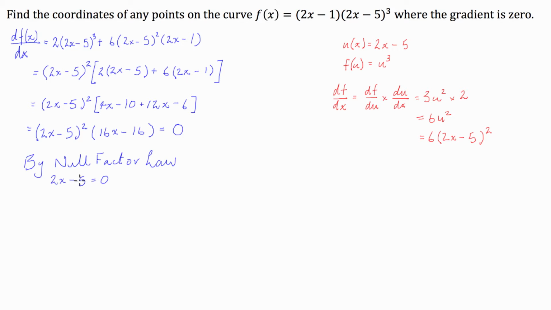So we'll start with the 2x minus 5. We can do a quick bit of algebra to find that x here is going to be equal to 5 over 2. Now 16x minus 16 has to equal 0.